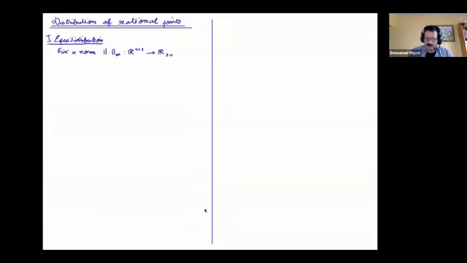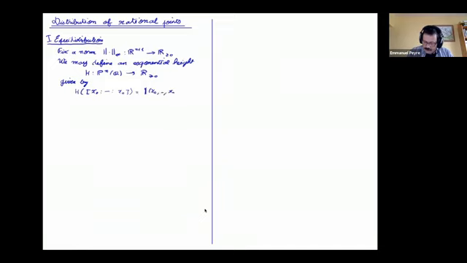Then we may define an exponential height, which goes from the projective space over Q to positive real numbers, given by the fact that the height of a point with homogeneous coordinates x0 up to xn is given by the norm of (x0, ..., xn) if x0 up to xn are coprime integers.